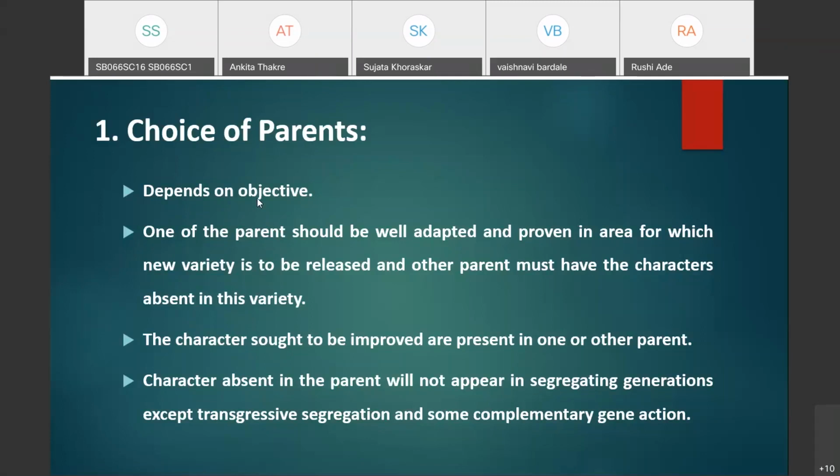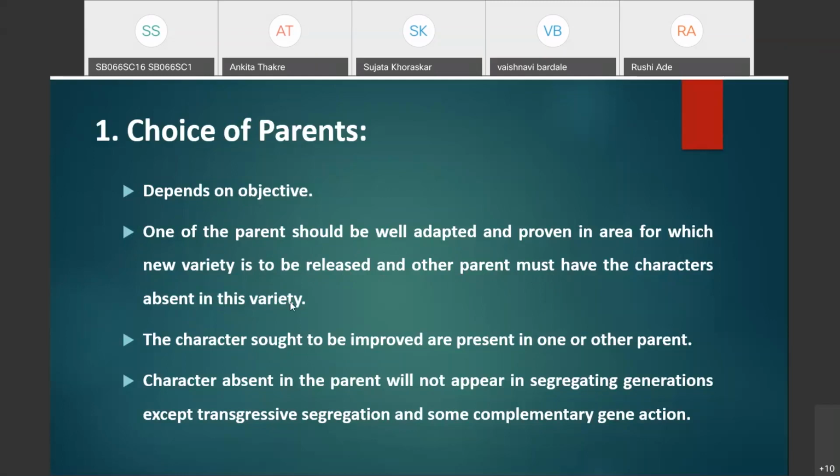Therefore, at least one of the parents should be well adapted and proven in the area for which the new variety is to be released, while the other parent must have the characters which are absent in the well proven variety.